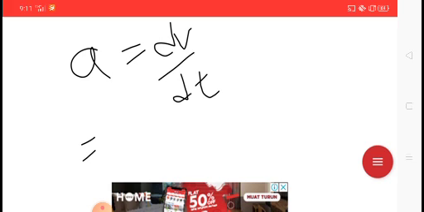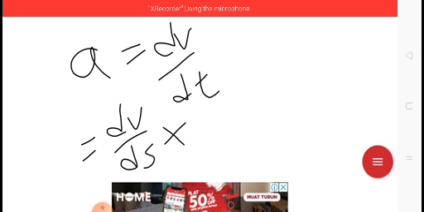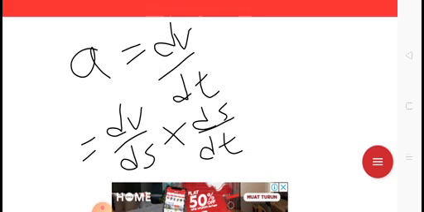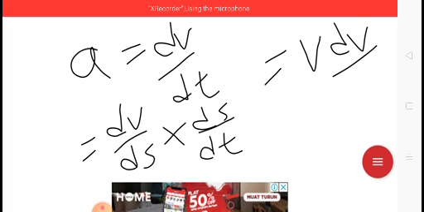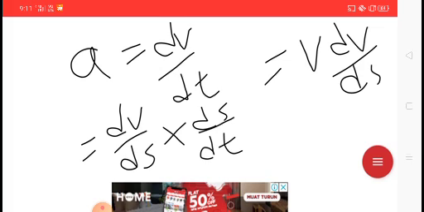If you use the chain rule, this is equal to dv/ds multiplied by ds/dt. If we simplify, we know that ds/dt is equal to v, and dv/ds we keep. The s there will be the displacement. Sometimes the question will change to dv/dx, but it's the same.